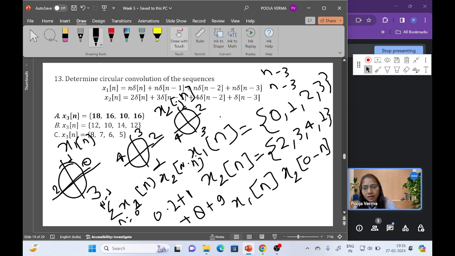So 9 and 8 plus 1, 9 and 9 is 18. At the 0th point we will get 18.